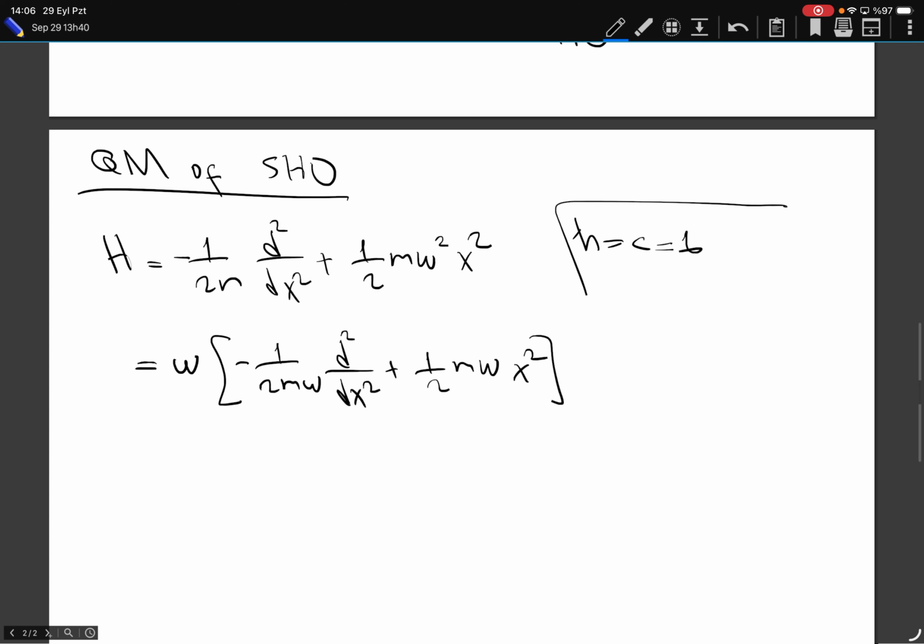And I can even get rid of, you see, m times x squared, they always appear together. I cannot think of m separately from x. But I can think of omega as separate from x. And omega has the unit of energy. So that's the natural unit of energy for this system. So that is why I'm just factoring out an omega. What remains is unitless.